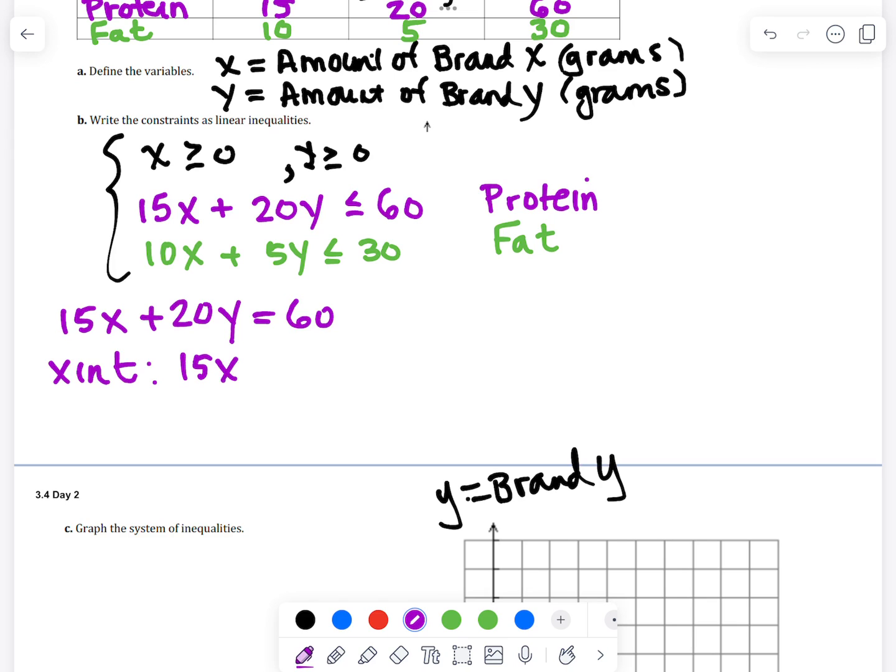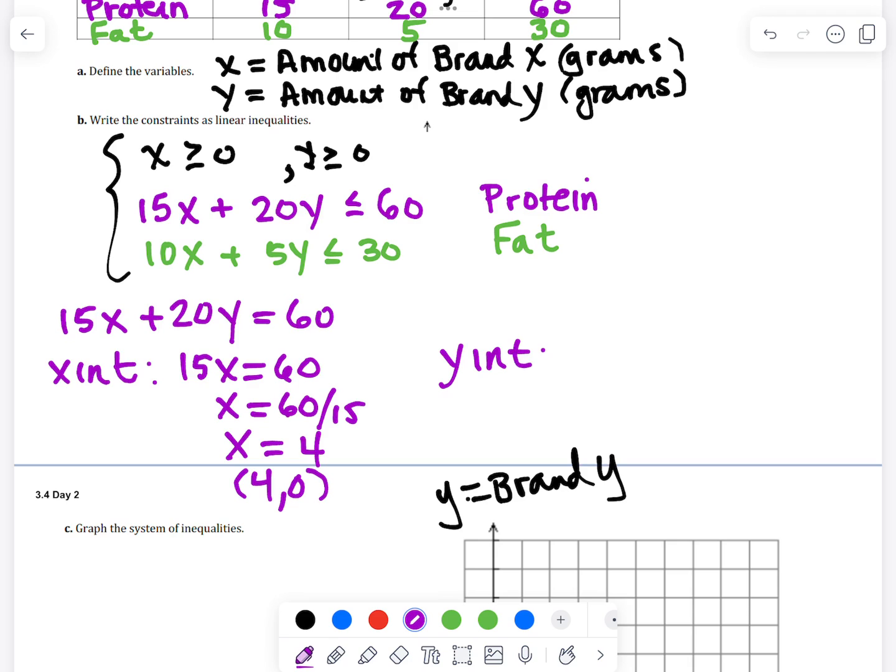So 15x equals 60. Divide both sides by 15, and we get x to be 4. So the ordered pair will be 4, 0. Y-intercept, let x equal 0. So 20y equals 60. So 60 divided by 20 is 3. So that's your ordered pair 0, 3.